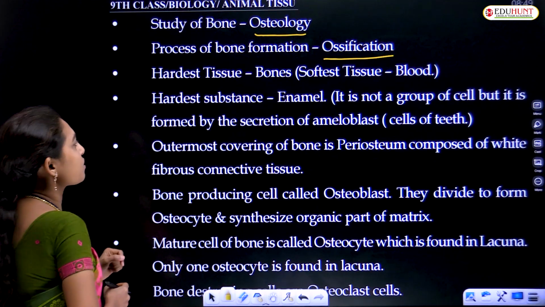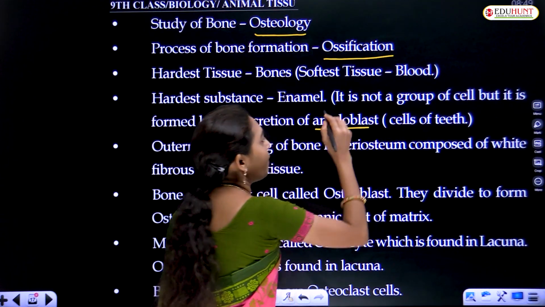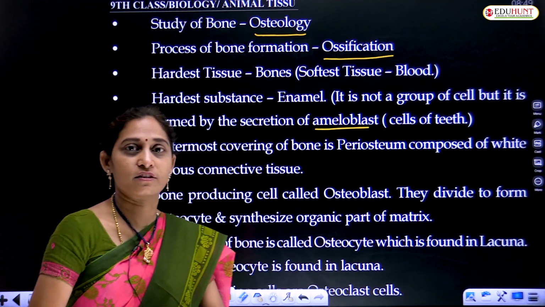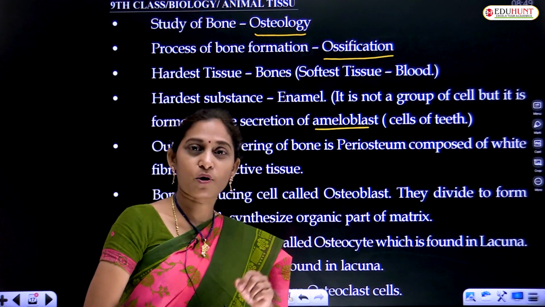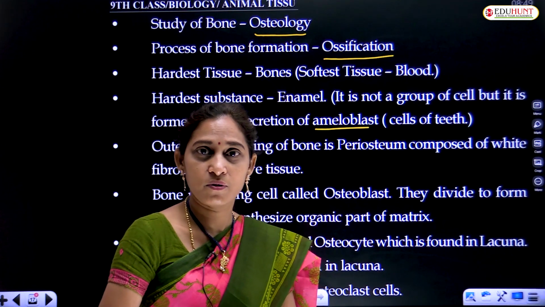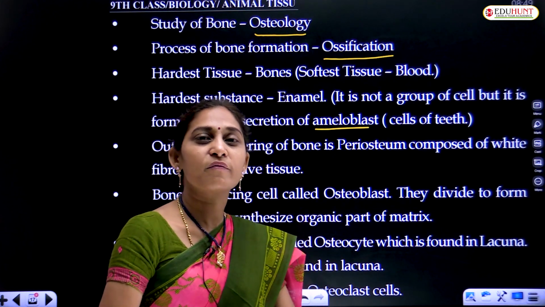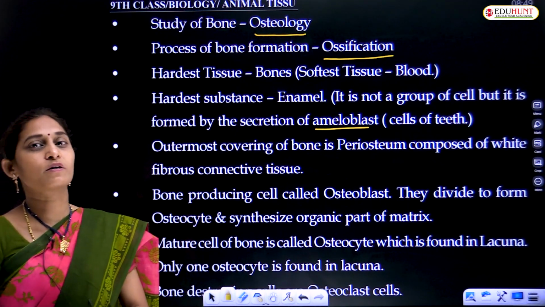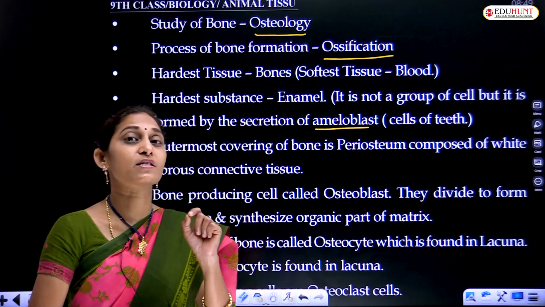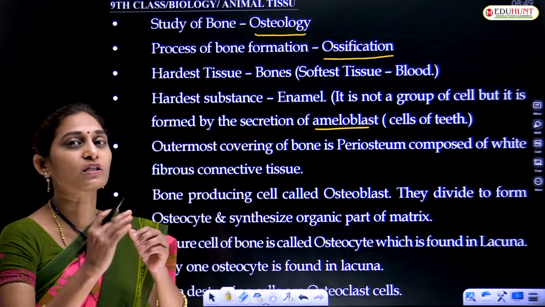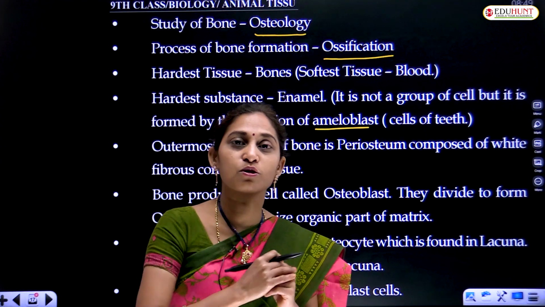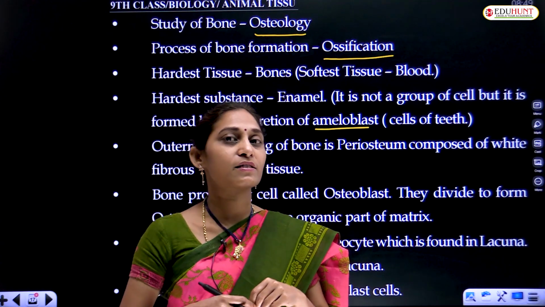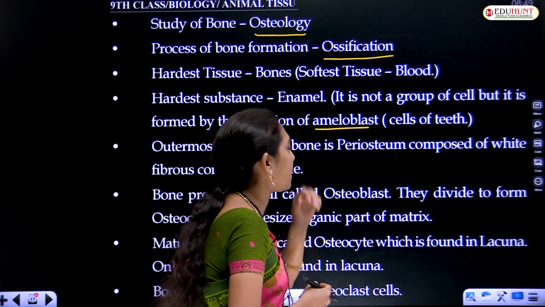And hardest material in the body is the enamel that is found in the teeth, which is produced by the cells amyloblasts that we have discussed during digestion. Digestive system and the process of digestion start chesinappudu manam mouth gurinchi cheppukunnam. Mouth lo we have teeth and dentition gurinchi, dental formula gurinchi cheppukunnam. Andulo manam okasari touch chesina point edi ante, structure of tooth lo outer covering is called the enamel, and the enamel is formed by the amyloblast.